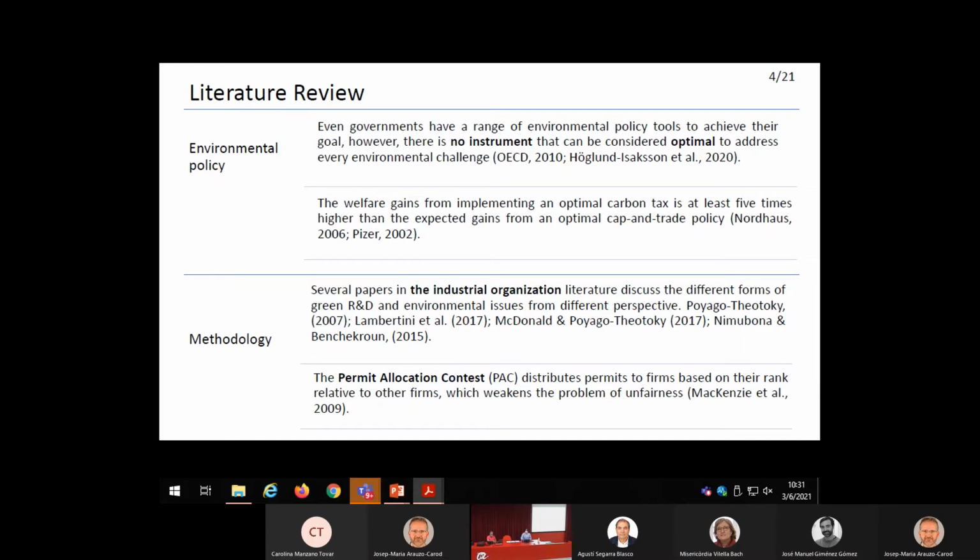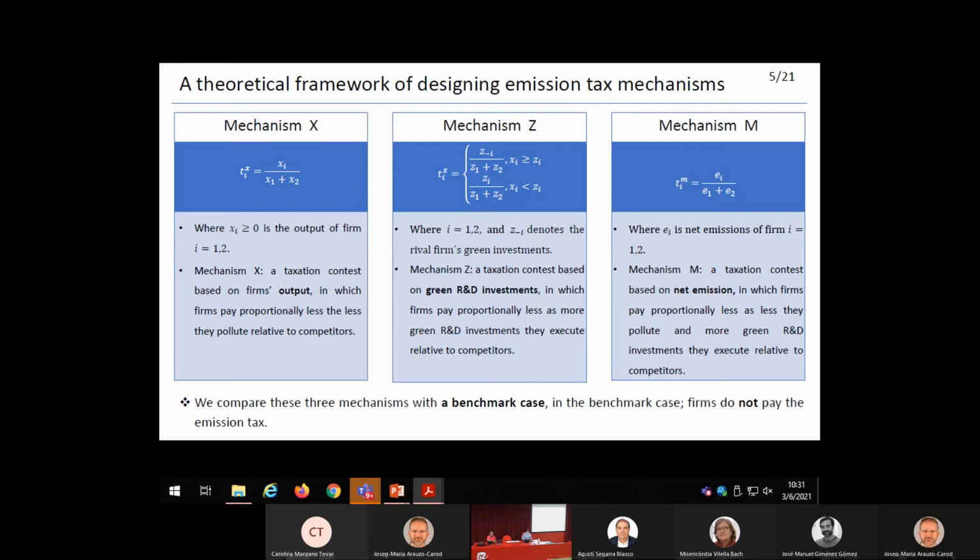It distributes permits to firms based on their rank relative to other firms, and it weakens the problem of unfairness. So based on this background, our intuition is that once an emission tax is introduced, firms either reduce their output or engage in green R&D investment to reduce their emission tax burden.